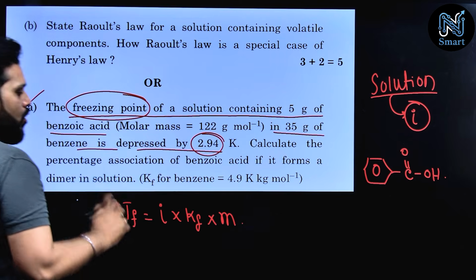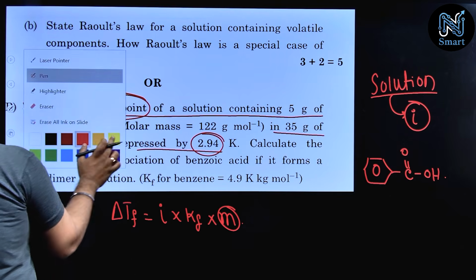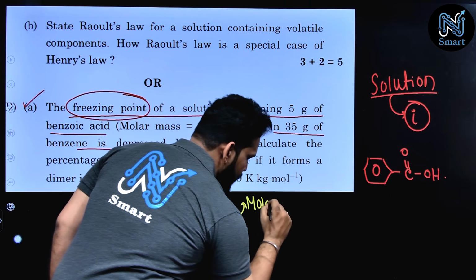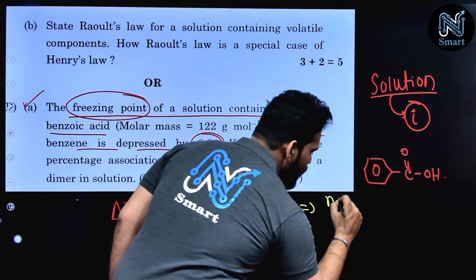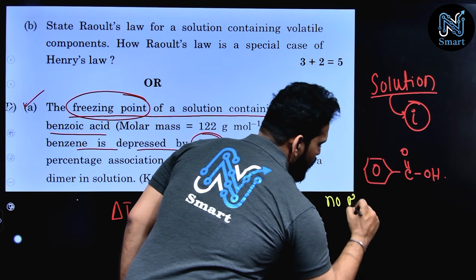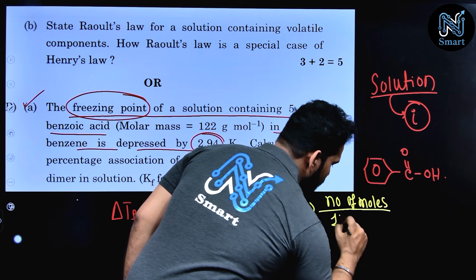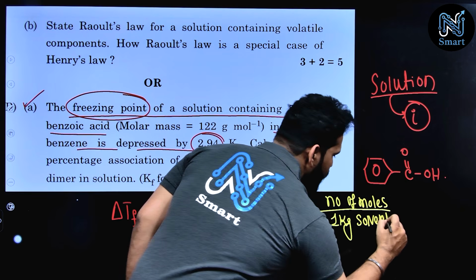Acha. Now, what will be the M over here, guys? M is molality, not molarity, it is molality, right? What is molality? Molality is the number of moles of solute present in 1 kilogram of solvent, yes or no, guys?